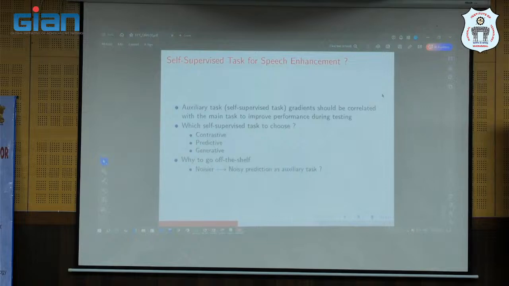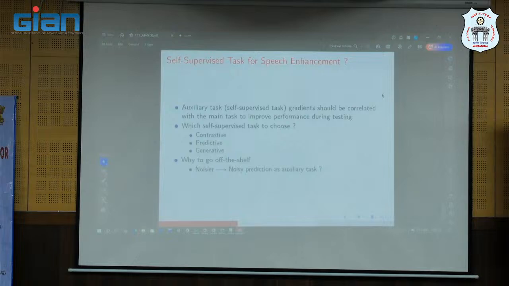So we are addressing actual speech enhancement, where we want to remove the noise from the speech signal. So what we can do, and this is my idea, is we have this noisy signal and we add some more noise to it. We add some more noise and we try to predict the noisy signal from the noisier signal.